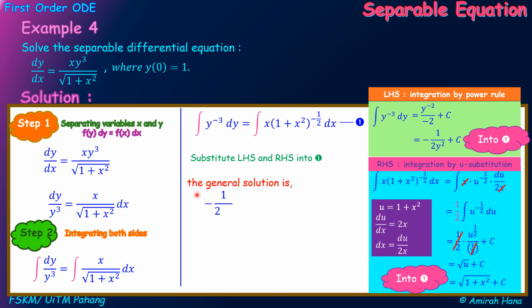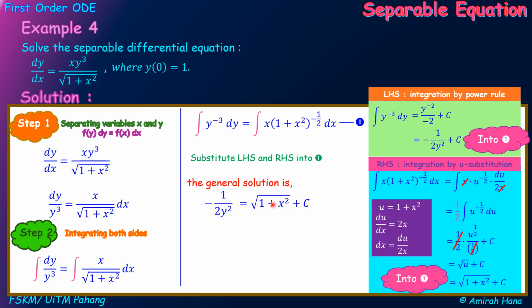So the general solution is, when we integrate y to the power of negative 3 dy, the answer equals negative 1 over 2y squared plus c, and that equals, when we integrate x times 1 plus x squared to the power of negative half dx, the answer: square root of 1 plus x squared plus c. We just put plus c on one side only, because if we put plus c on both sides, we tend to simplify the constant c.